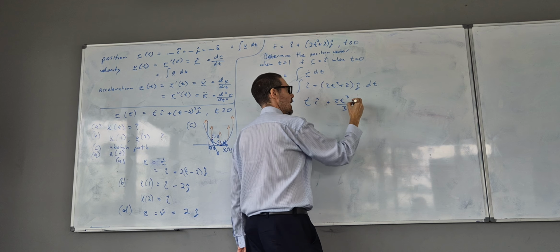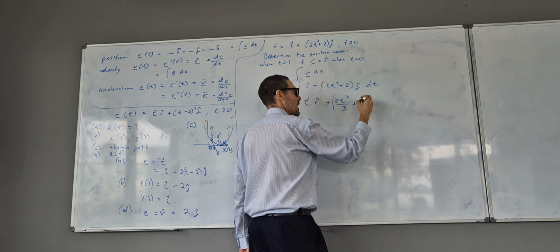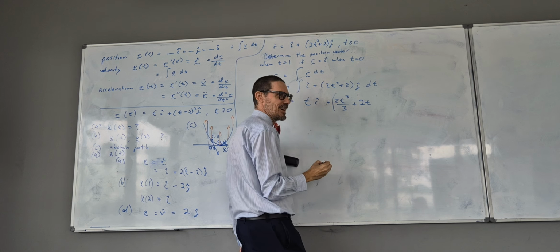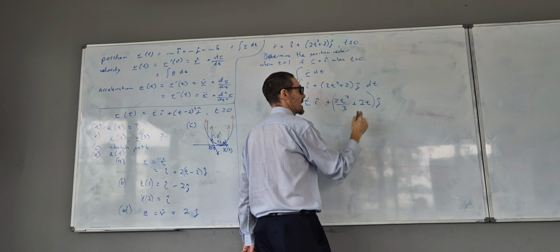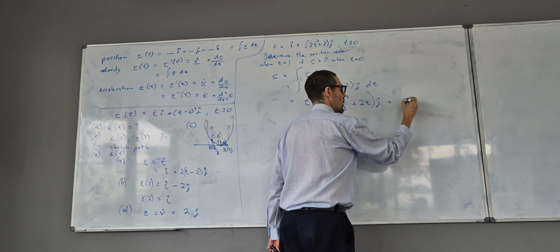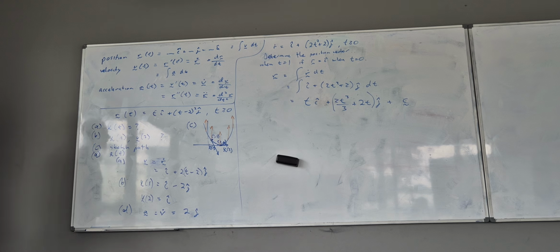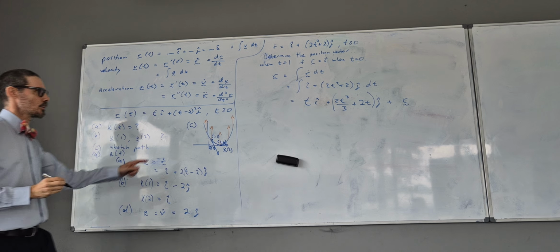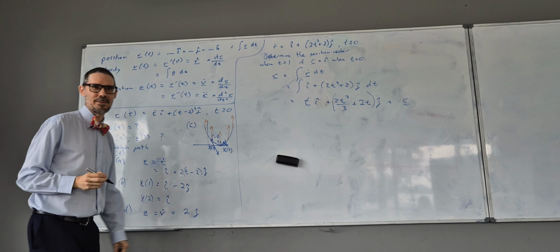And plus 2t over 2? No, it's actually over 1. Plus constant. But here, my constant is actually a vector, not a scalar. Is that always how it is? Yeah, because I've got a vector on this side, so I can't just add a scalar to a vector. I've got to be adding a vector to a vector.